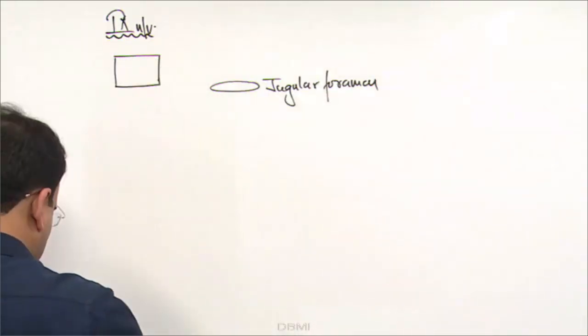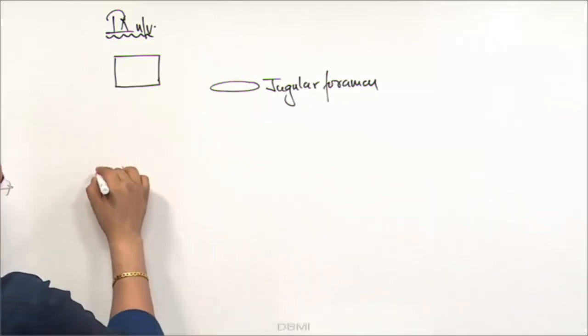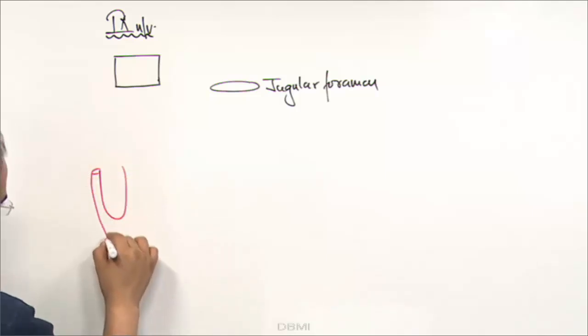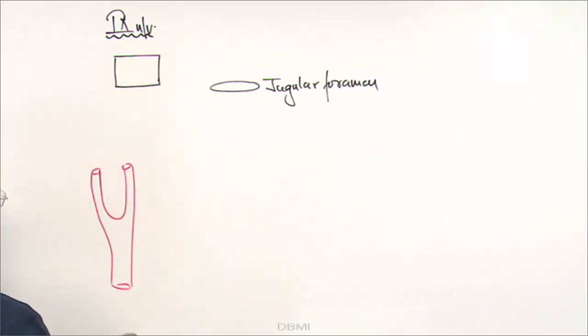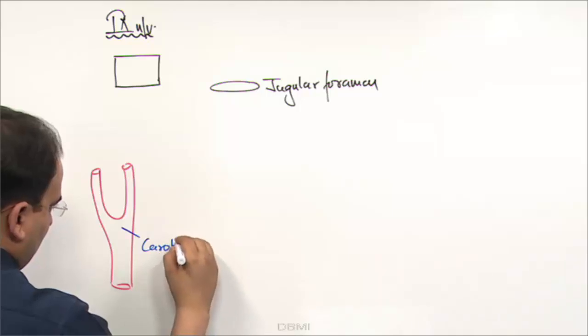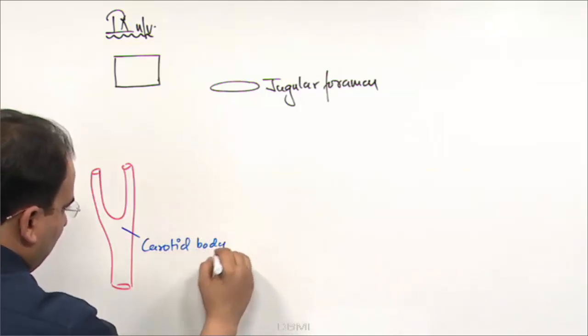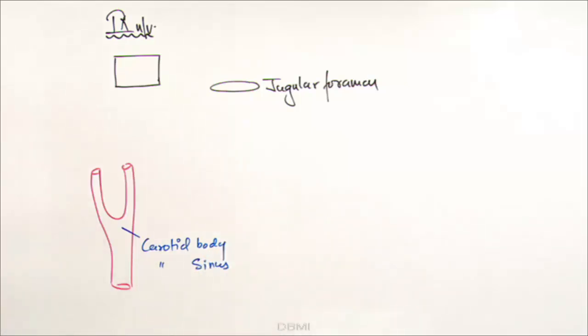So let's say this is the bifurcation of the common carotid artery here, so we have the carotid body and carotid sinus, the chemo and baroreceptors respectively.